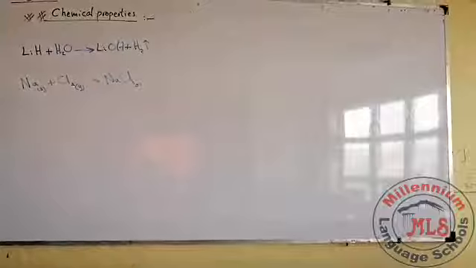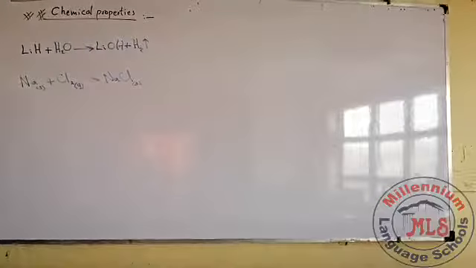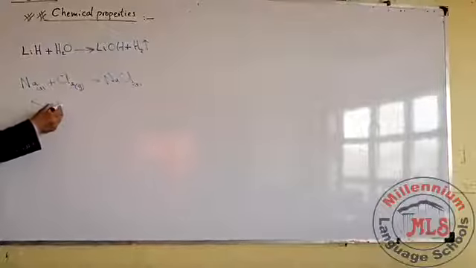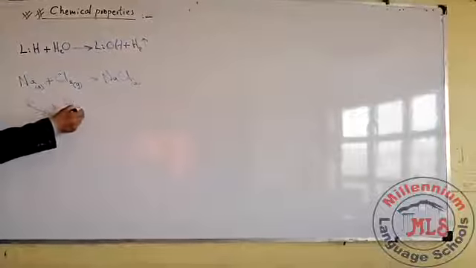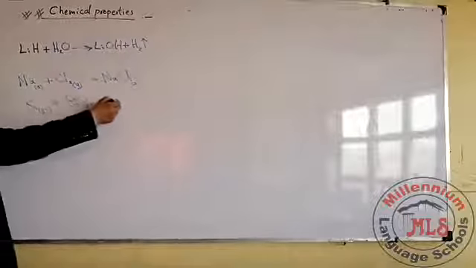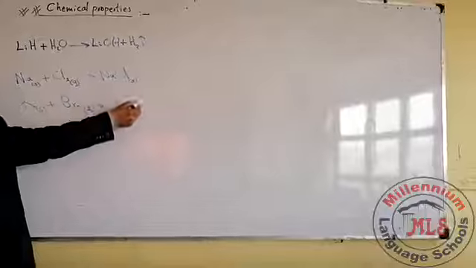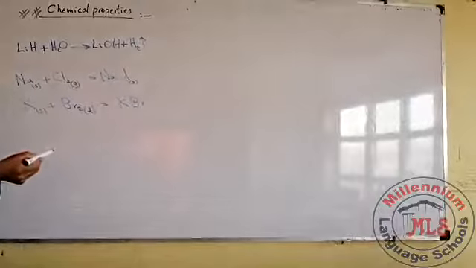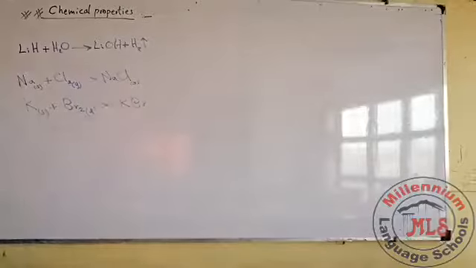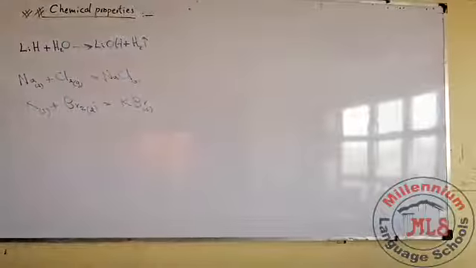Another equation, potassium metal reacts with bromine to form potassium bromide. And this is also a vigorous reaction.